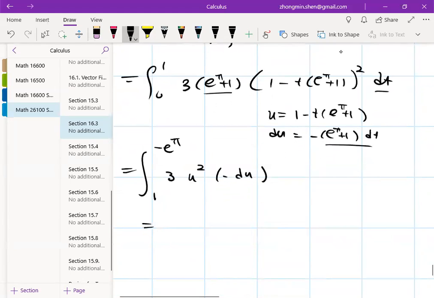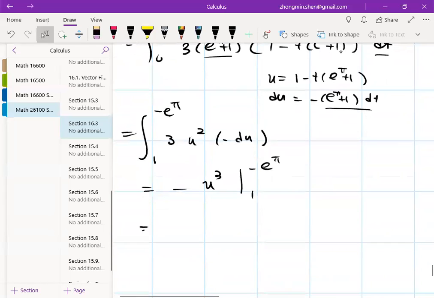The antiderivative is negative u cubed, then evaluate at the endpoints. When you plug in the negative number here, you get a positive, then minus the negative number of this. Even if I made a mistake in the above computation, you'll get the same answer.